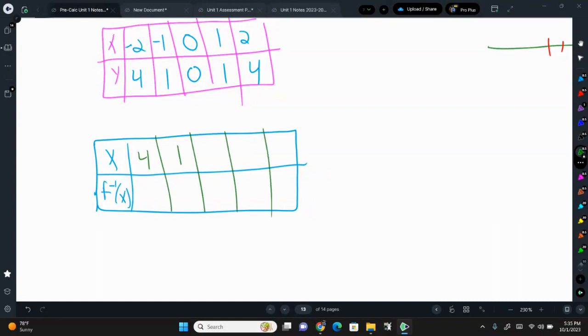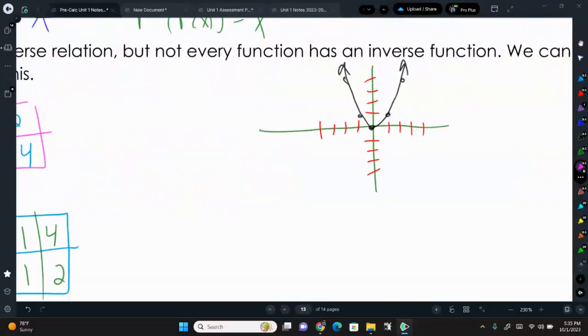So we have 4, 1, 0, 1, 4 for x, and -2, -1, 0, 1, 2 for y. I just looked at my table above in pink and switched the x and y values. And then let's go over and plot those points. So you see a couple of things. It kind of looks like this thing is shifted.